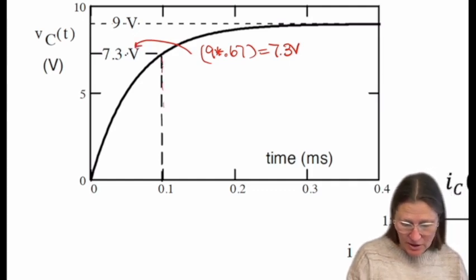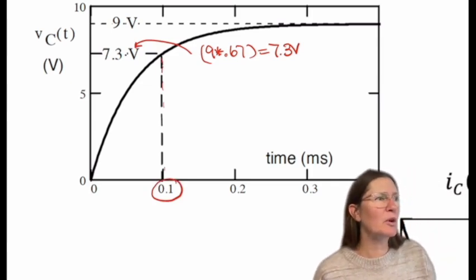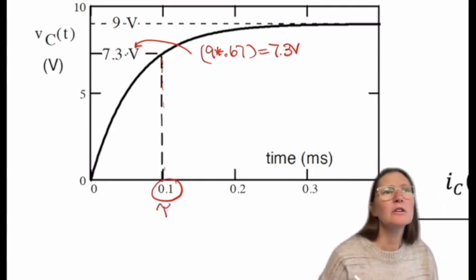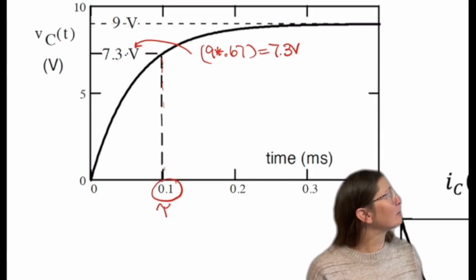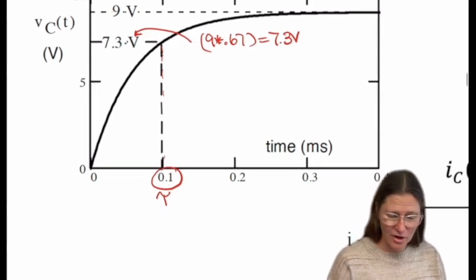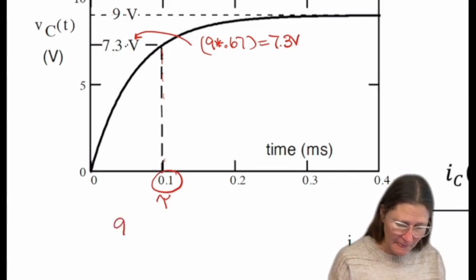And I can look down here and I see in milliseconds, this is 0.1 milliseconds. So this is my tau. So if I'm given a graph, I can actually say this is tau. My end value is 9 volts, so it's 9 minus 9 e to the minus t. I can draw this really quick. So looking at this graph, I can write this mathematically.